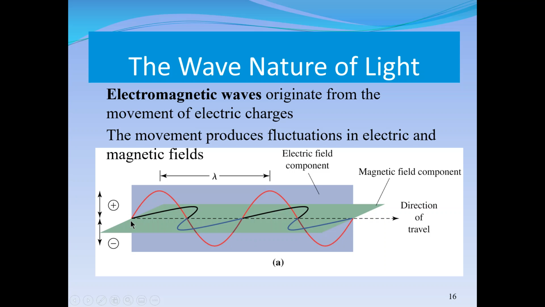And then the other one, which is at exact right angles to the first one, would be represented by the combination of black and blue line right here, and that would be representing the magnetic field component of the radiation, right? So that's the reason why light and other forms of radiation are said to be electromagnetic in nature, because there are two components for these types of electromagnetic radiation.